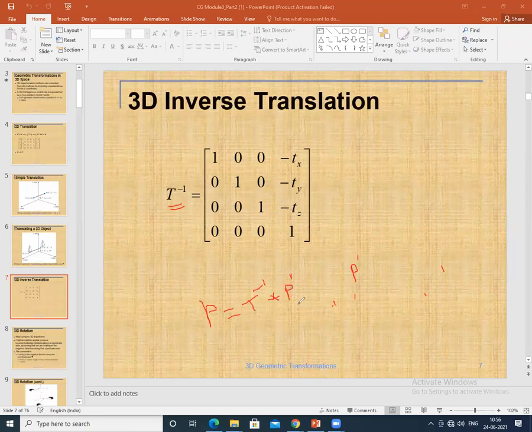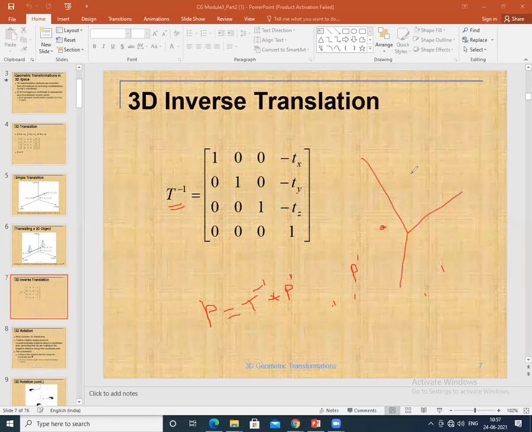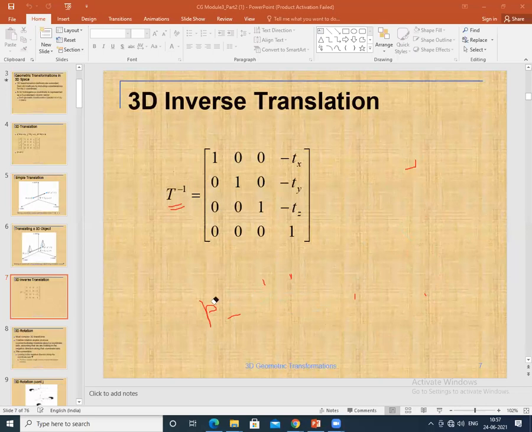What is p dash? You have x dash, y dash, z dash, as I have shown you. I'm doing a back translation. Previously you translated from here to here. Now again from here to here, how do you translate? This process is called negative translation. So this is all regarding translation.